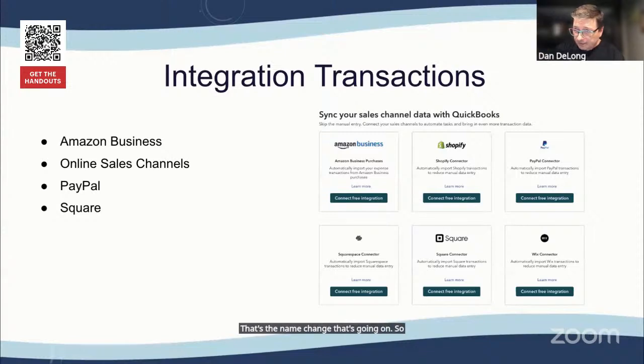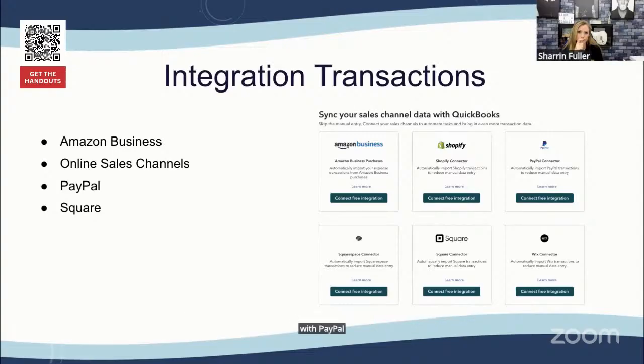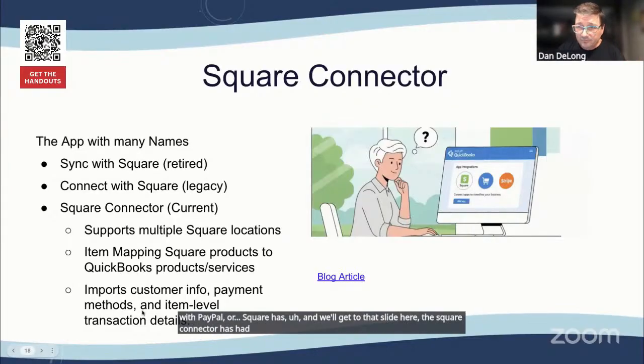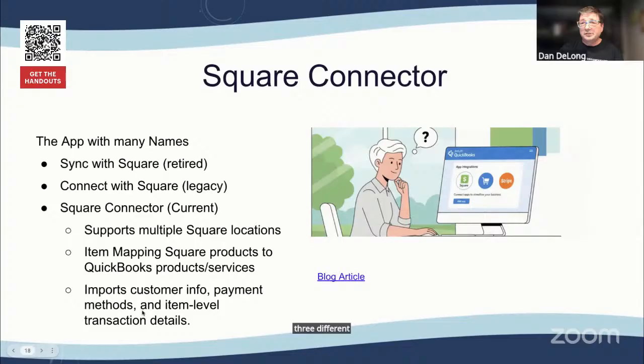The PayPal connector, as it used to be called, or it still is called PayPal Connect, but it's gone like connect with PayPal, or Square has, and we'll get to that slide here. The Square connector has had 3 different versions. There's a Sync with Square that Intuit created.